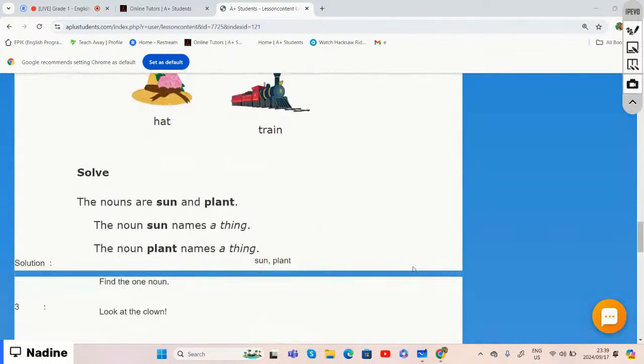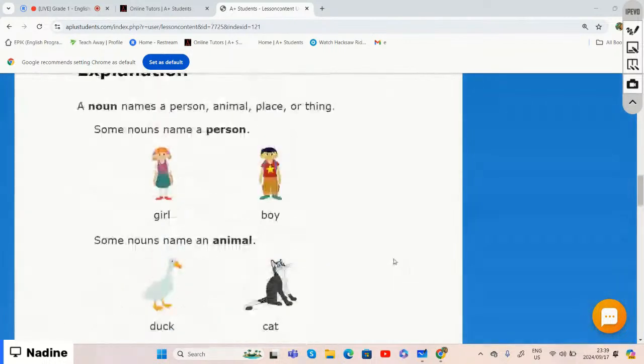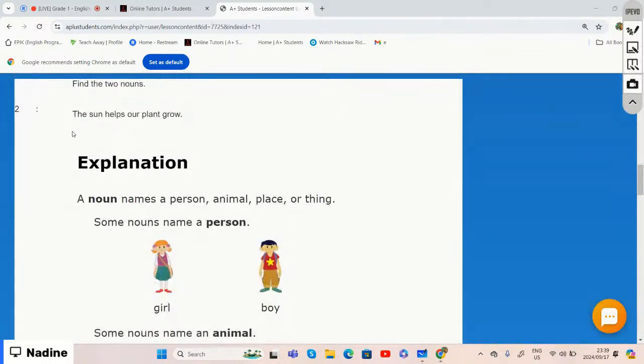All right, let's look at the next one. It says, the sun helps our plant grow.